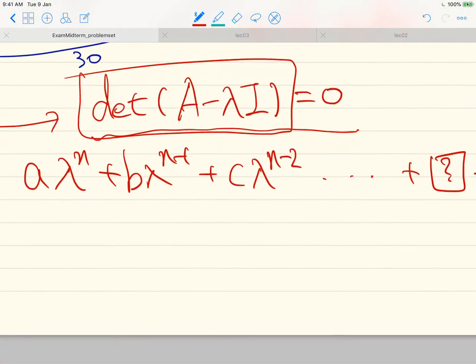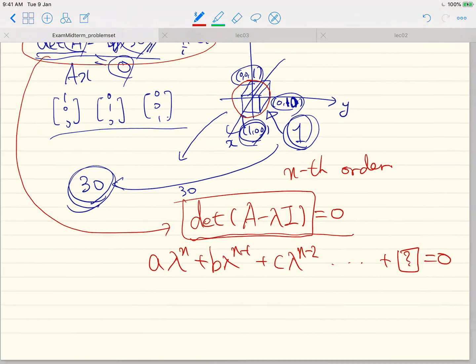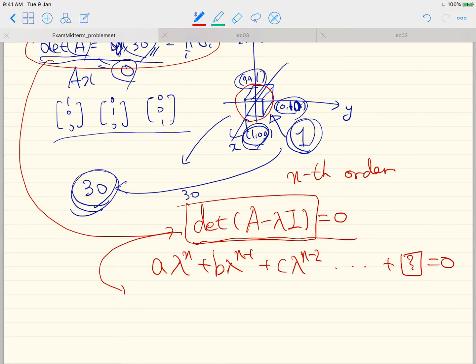And then it is typically represented as this. If we assume that we obtain the solutions, then it will be lambda minus lambda 1 and lambda minus lambda 2 and so on, being equal to 0, right?